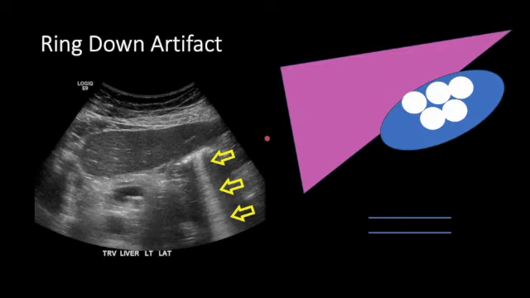Well, let's map this out. Let's pretend this pink triangle is the liver, and that this loop of bowel, which is what that bright structure is, is represented by the blue oval. And inside our bowel, we have all of these different little bubbles, and inside the bubbles, we have contained this little pocket of fluid. And we know that fluid really likes to transmit sound waves, and that air doesn't.